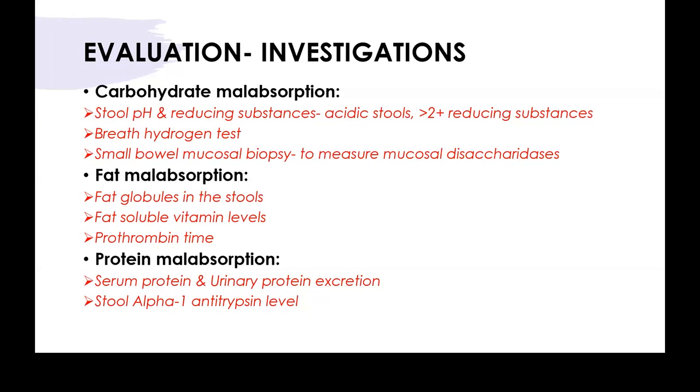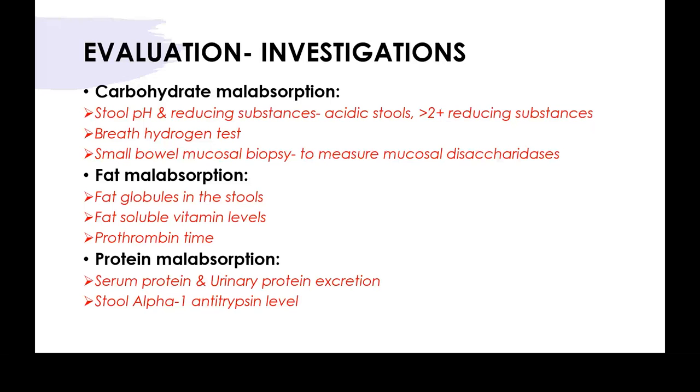So breath hydrogen test is another good test for carbohydrate malabsorption. Then the small bowel mucosal biopsies, where you can take mucosal biopsy and using immunostaining, you can check the deficient enzyme. Again, unfortunately, we don't have this investigation in our country.